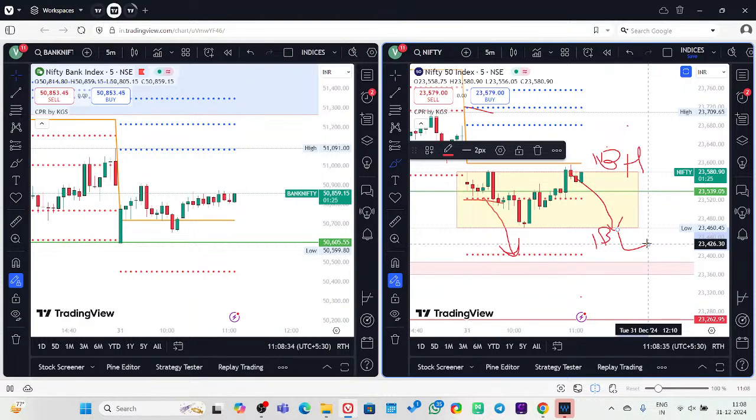Theta decay is the problem for option buying.